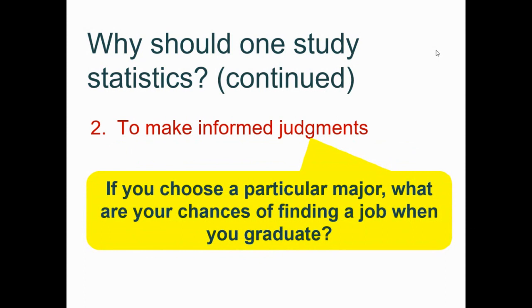So, one that would really impact y'all now, especially being that y'all are juniors and seniors: if you choose a particular major, what are your chances of finding a job when you graduate? I had a friend that wanted to be a lawyer, majored in pre-law, graduated, started applying to grad school and working under a lawyer, and they're like, you don't want to do this.